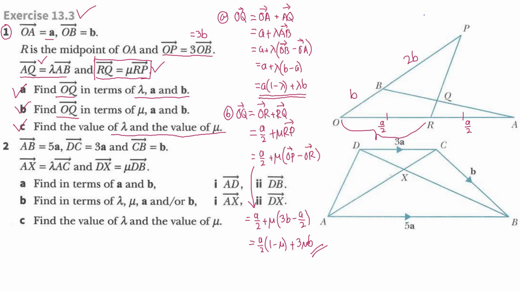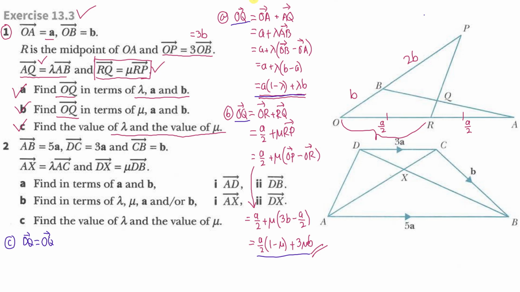Here it's very easy because we have two different expressions for OQ, one here and another there. So just equate both of them. One OQ is in terms of lambda, another OQ is in terms of mu.